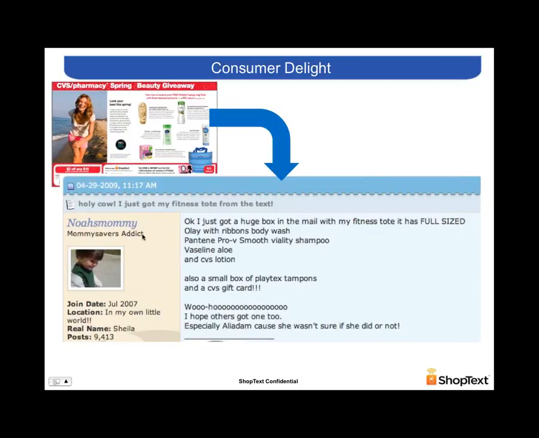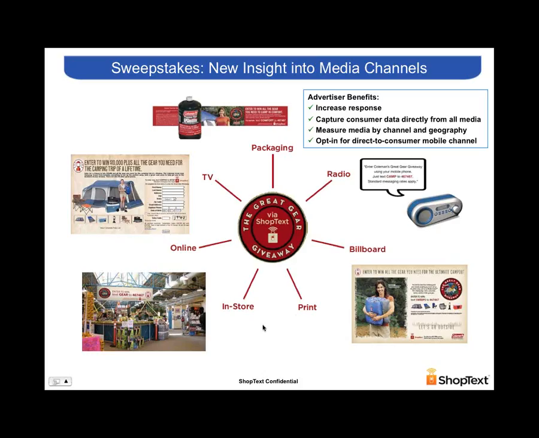This is a person who blogged on Mommy Saver's Attic. Holy cow, I just got my fitness tote from the text. Making this kind of offline media interactive and something showing up at the home is a pretty interesting phenomenon for them because it brings it to life, and they did it the moment that they saw that.